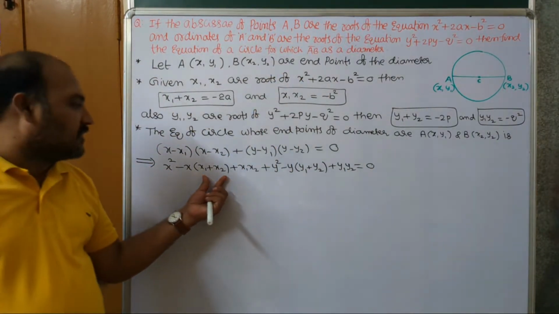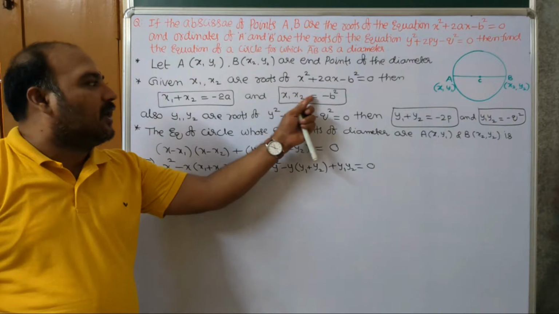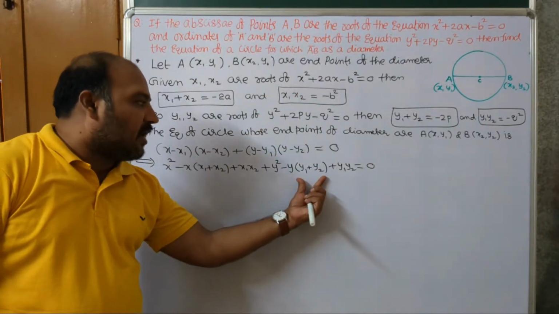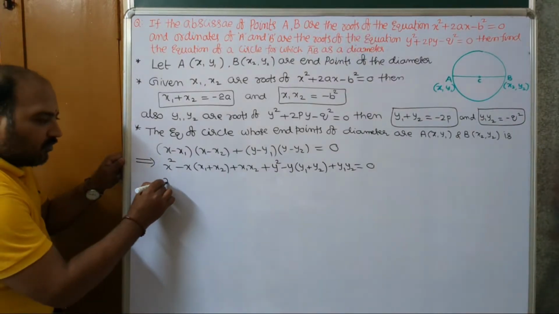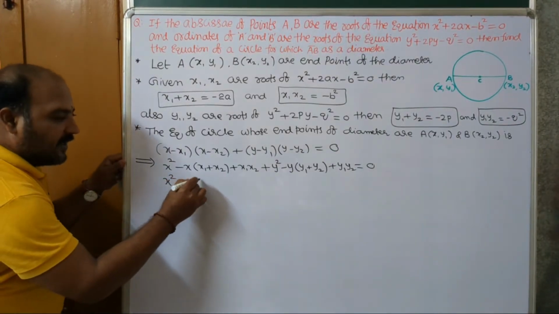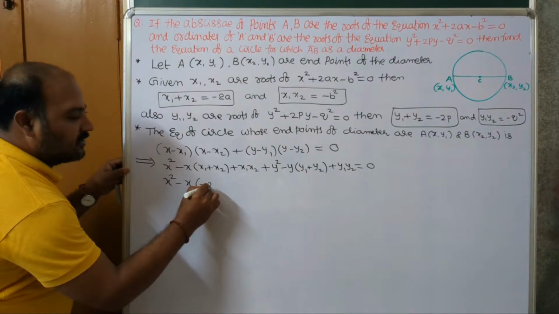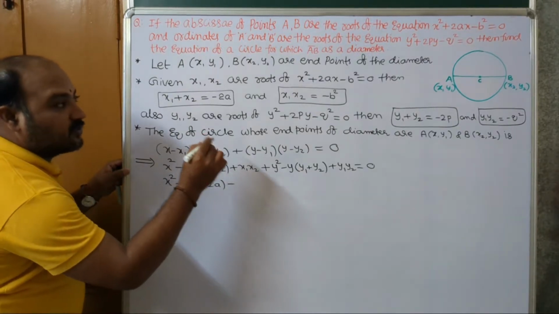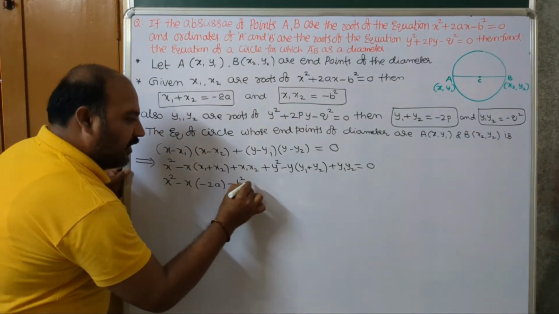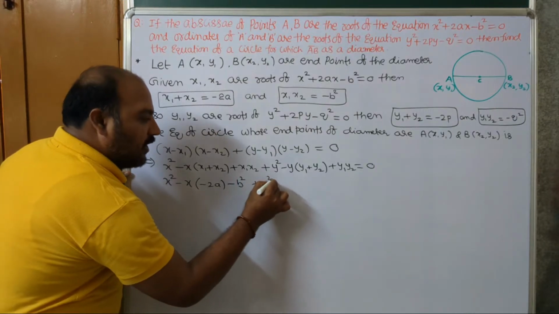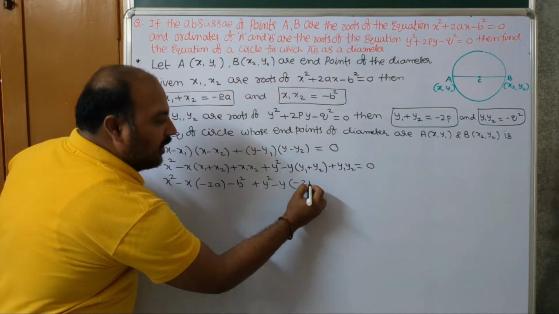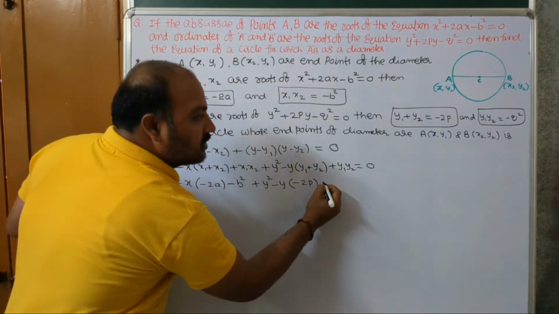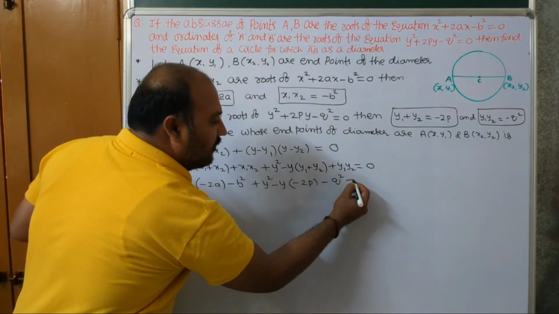Wherever x1 plus x2 and x1 x2 are there, replace these two values. Wherever y1 plus y2 and y1 y2 are there, you have to replace these values. So x square minus x into minus 2a plus x1 x2 value minus b square, plus y square minus y into y1 plus y2 minus 2p plus y1 y2 minus q square.